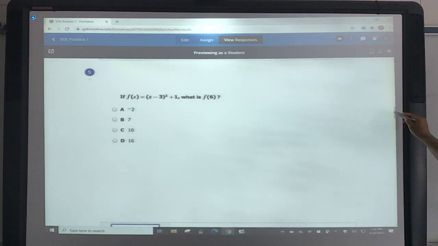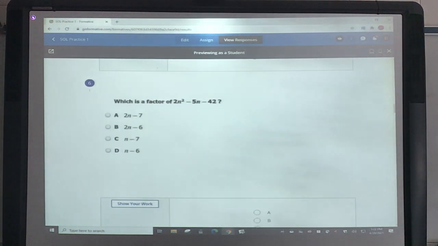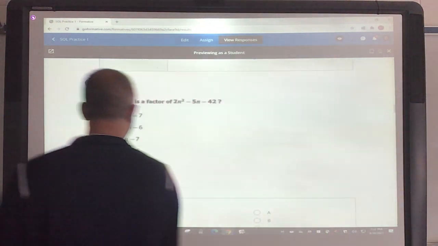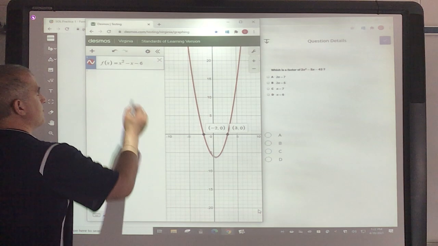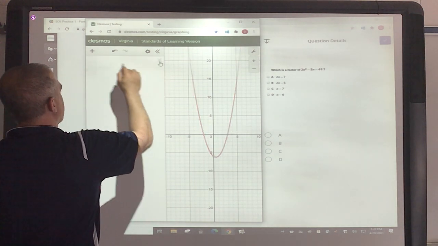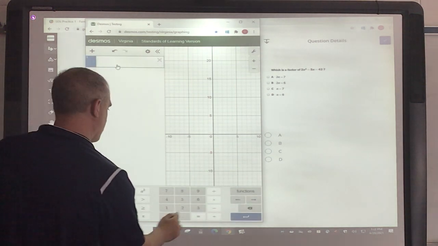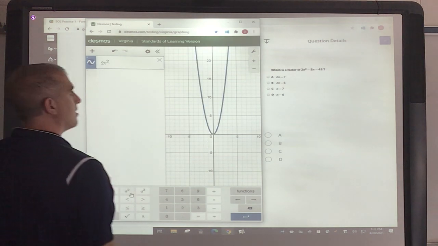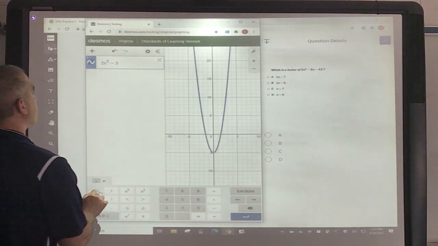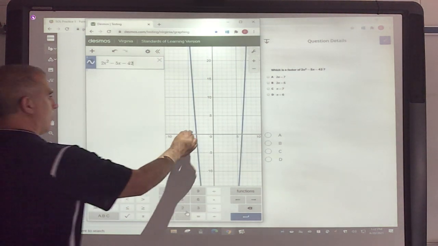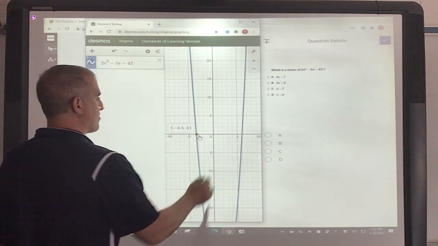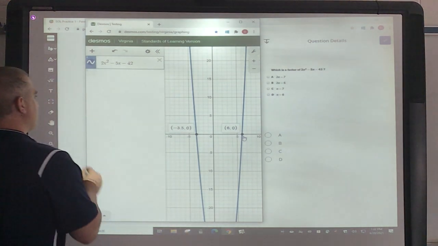Okay, so we're going on to question 6 now. What is a factor? Once again, I would go ahead and use Desmos to help you here. You can do this as 2x squared minus 5x minus 42. Now where does that cross at? Negative 3.5 and 6.